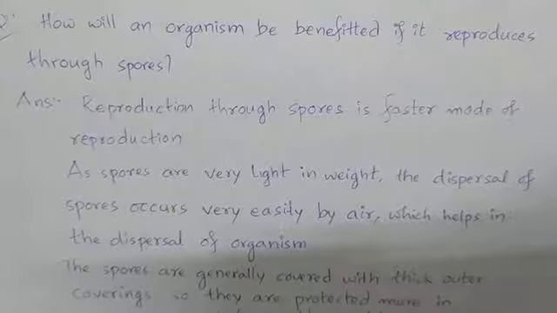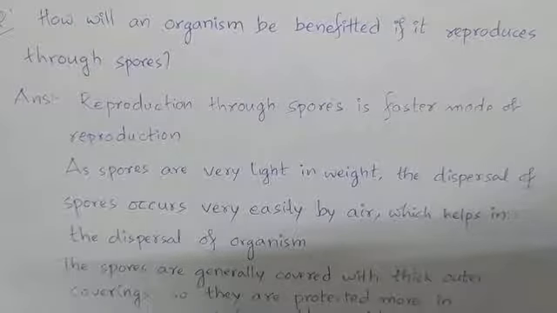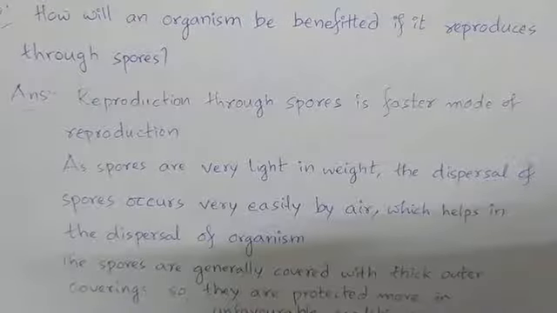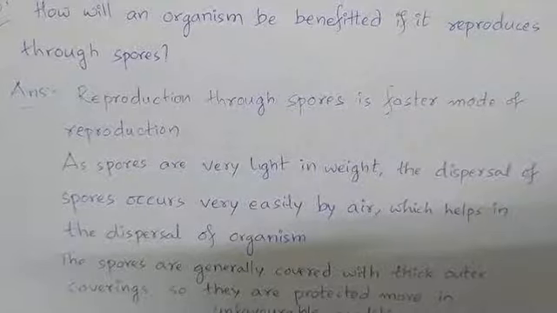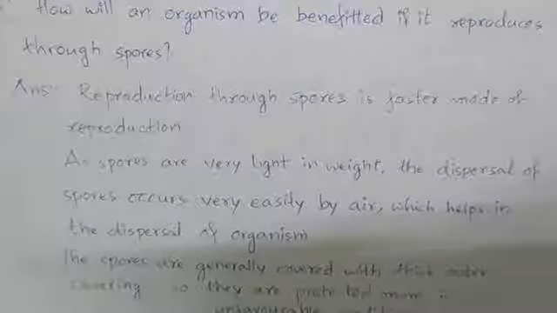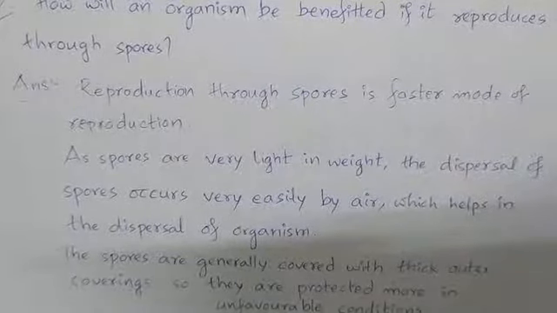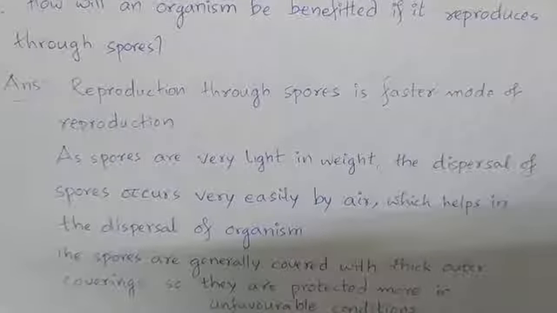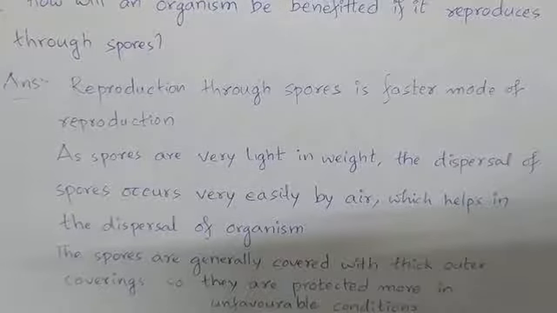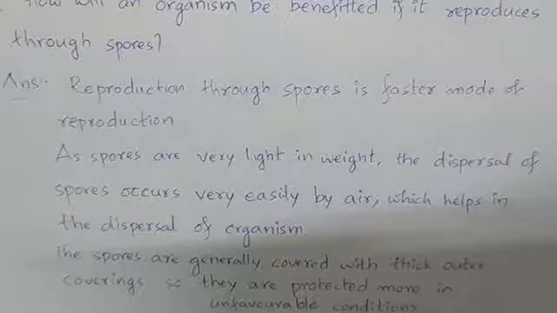Right? And the spores are generally covered with thick outer coverings, so they are protected more in unfavorable conditions. Especially fungal spores are covered by chitin-made cell walls that offer more protection in unfavorable conditions.